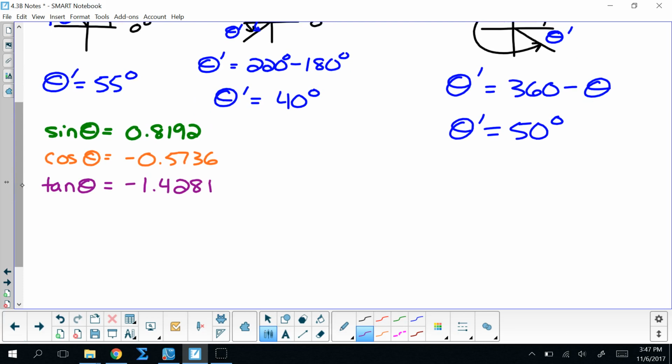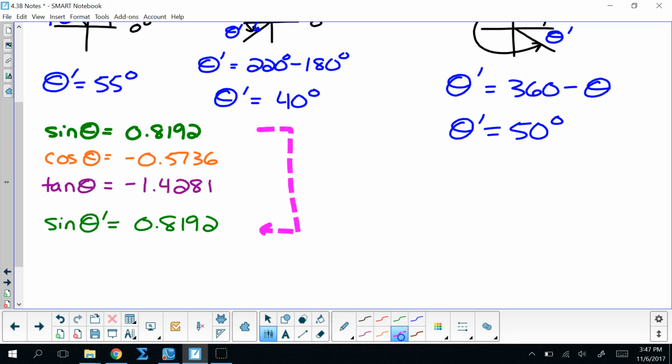Now let's compare the values for theta prime. The sine of theta prime is equal to 0.8192. The sine of 55 degrees is the same, which makes sense because we're in quadrant 2. So these two in quadrant 2 should be the same.